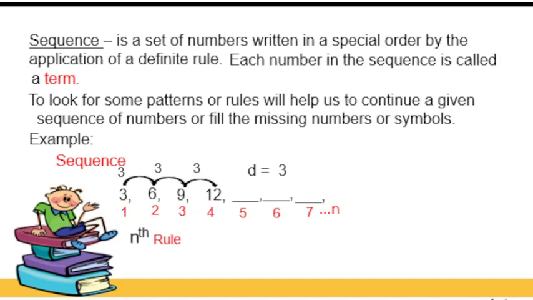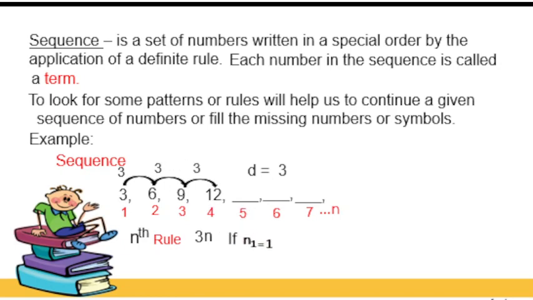So that is how to get the nth rule. So 3 is the difference, and then we have the n. Okay, now, why is it 3n? Meaning that is 3 times n. So let's substitute.